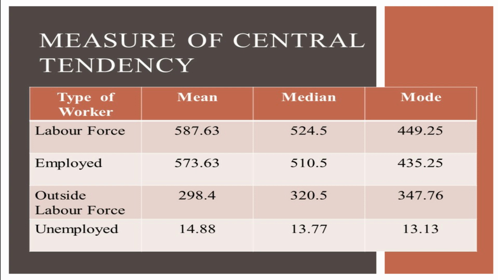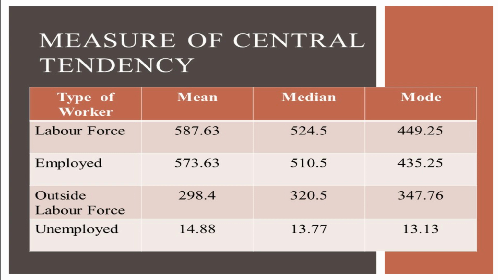Measure of central tendency. Labor force is mean at 587.63, and median at 524.5, and mode at 449.25. For employed is mean at 573.63, and median at 510.5, and mode at 435.25.